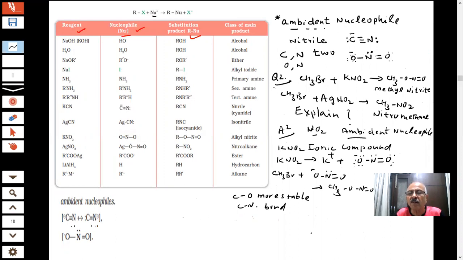Further, AgNO2 is a covalent compound. Therefore, it will not dissociate. Then what you have is CH3Br plus AgNO2.